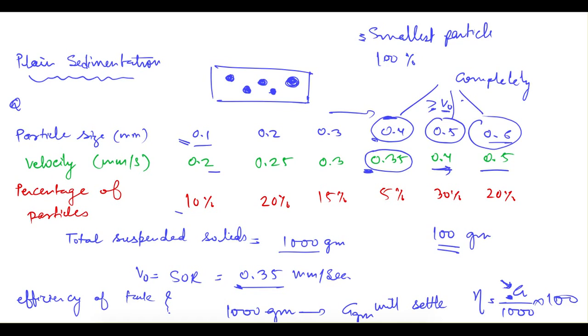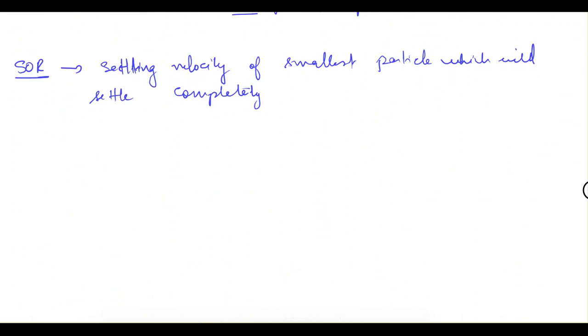Now what about the smaller particle sizes? We have 0.1 mm dia particle, 0.2 mm dia particle and 0.3 mm dia particle, and their settling velocity is less than the surface overflow rate, so they will not settle completely but they will settle partially. So how do we find out this partial settlement?